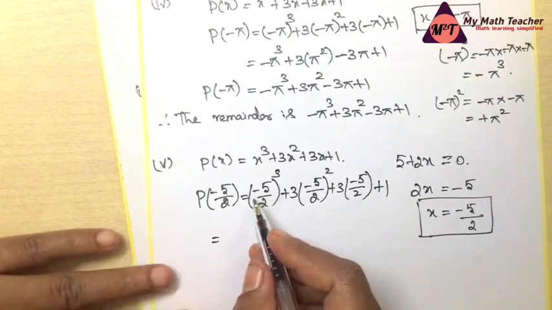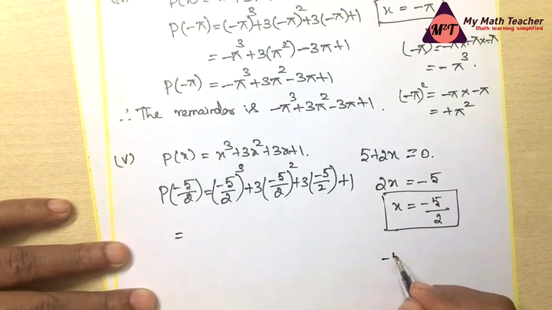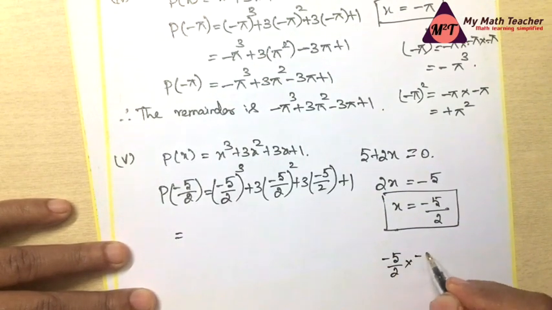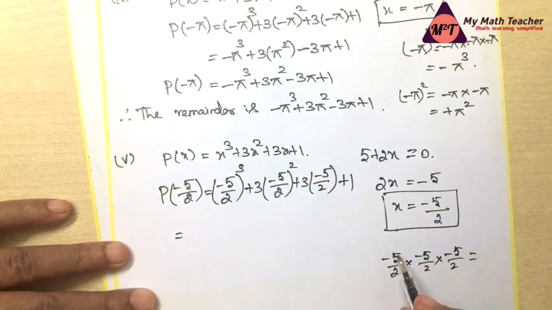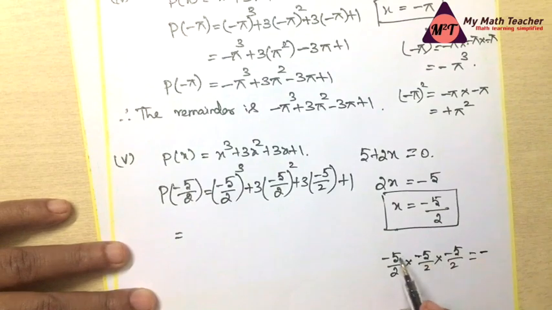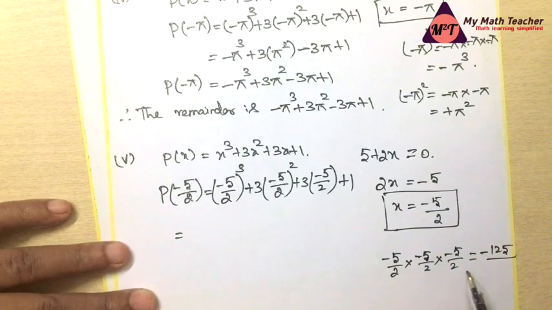Here we have got minus 5 by 2 multiplied 3 times, minus 5 by 2 into minus 5 by 2 into minus 5 by 2. What will be the answer? So minus into minus plus, plus into minus is minus. Now multiply the numerals, that is 5 into 5 is 25, 25 into 5 is 125, divided by the denominator will be 2 2s are 4, 4 2s are 8.